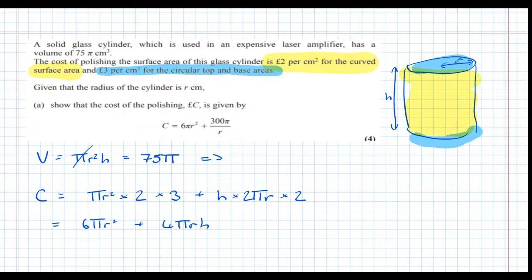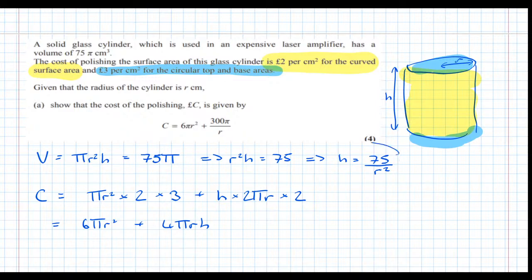So I notice if I divide both sides by pi, like that, r squared h equals 75, which means that h equals 75 over r squared.